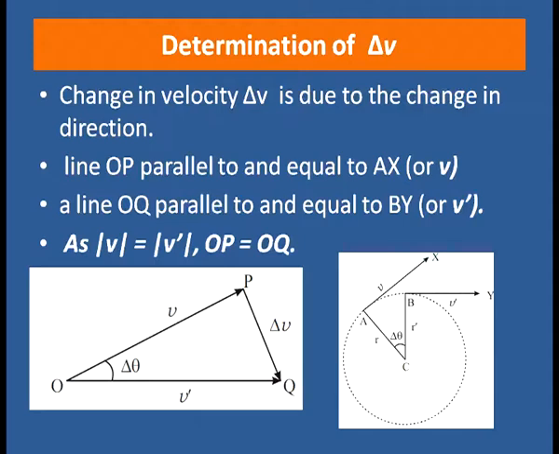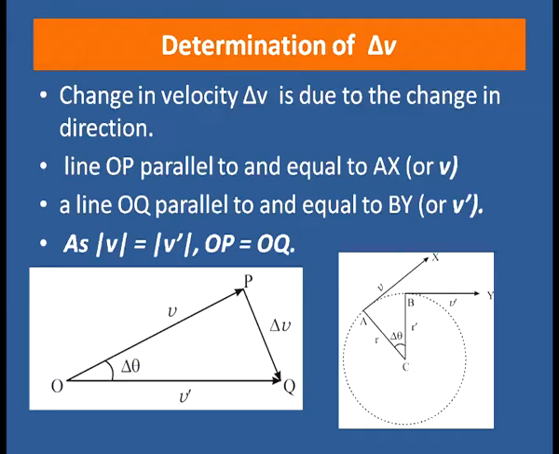So, take any point O outside the circle, and draw a line OP parallel to and equal to the velocity vector v. Draw another line OQ parallel to and equal to the velocity vector v prime. As the magnitude of v is equal to the magnitude of v prime, we can write OP equal to OQ.